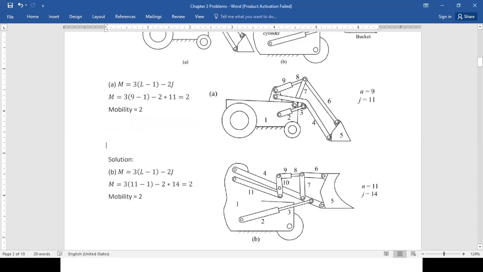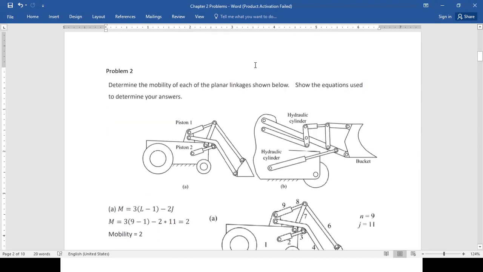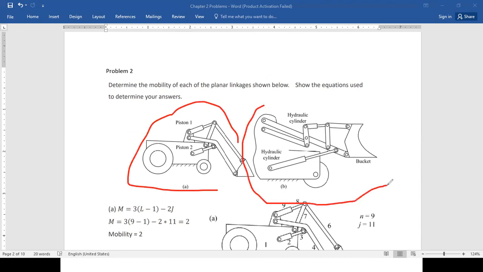Now, another problem. Here you have two planar linkage systems. We studied this one in the last section, so now we'll consider the other part. They can give you a figure, and you can determine from this figure the number of actuators needed, or the degree of freedom or mobility.